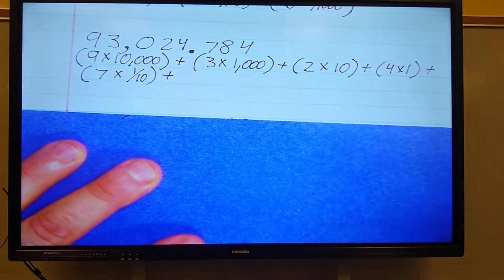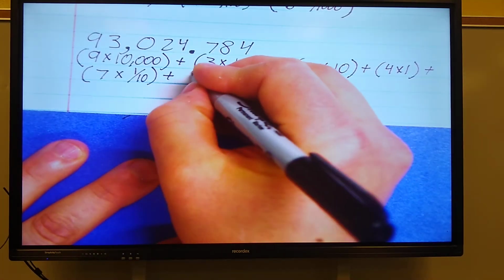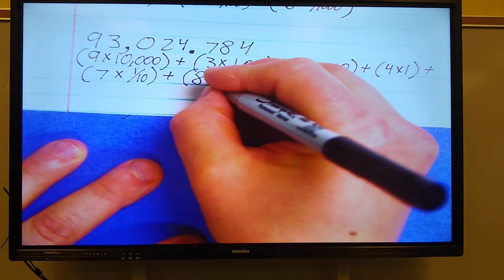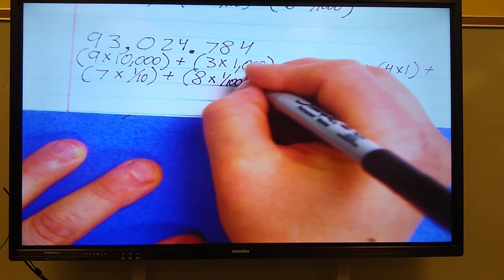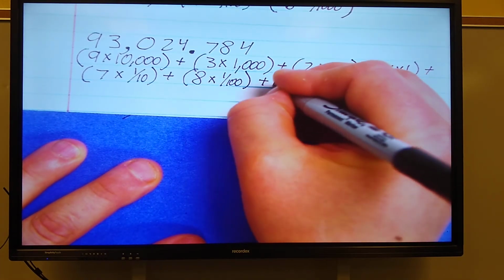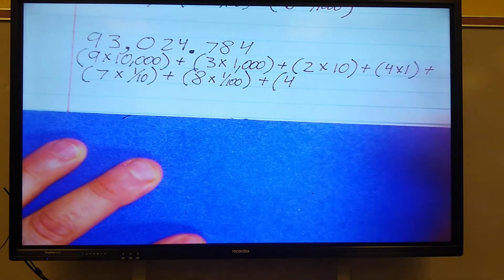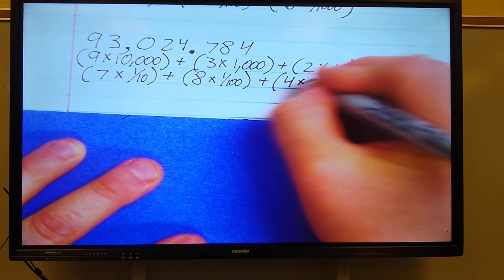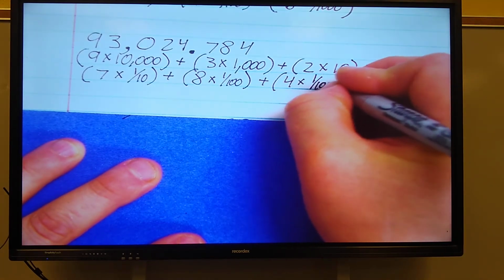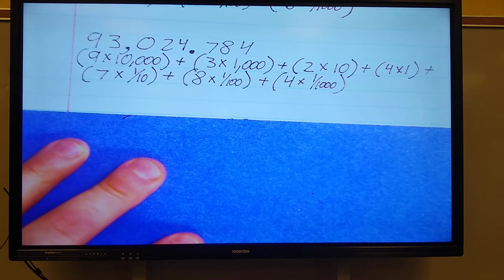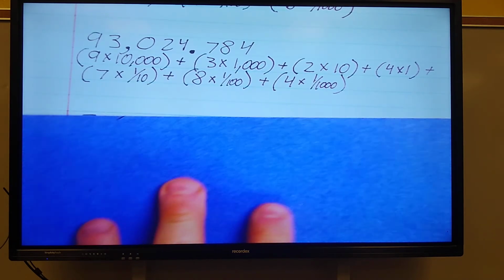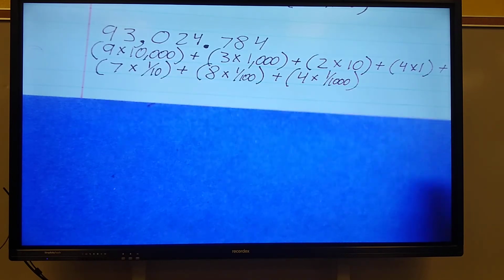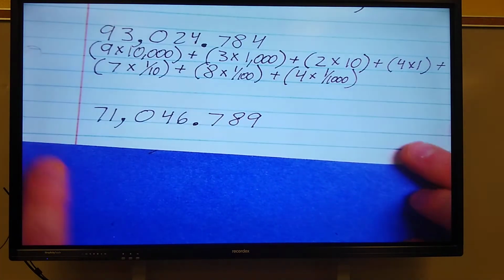Plus 8. It is in the hundredths place. So that's 1 times 1/100. Plus, then 4 is in the thousandths place. So 4 times 1/1,000. Easy, easy, easy.